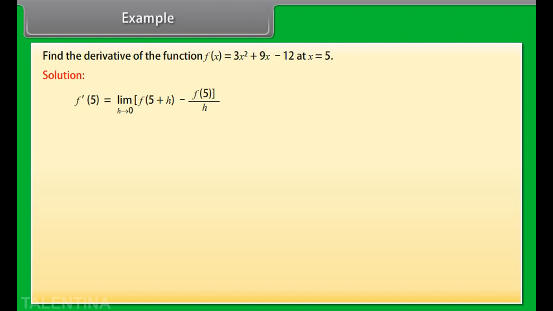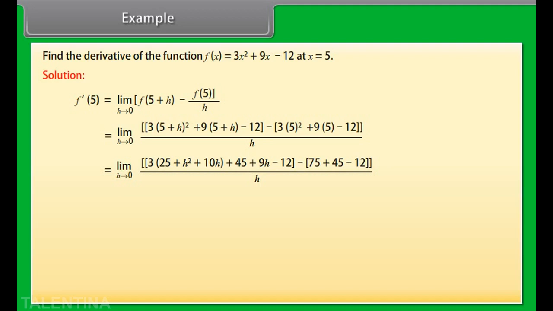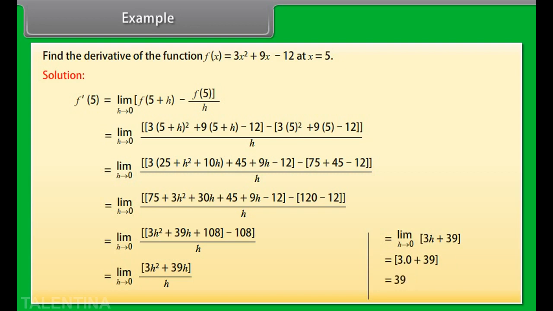Now by calculating it further as shown below, we get f dash of 5 is equal to 39.